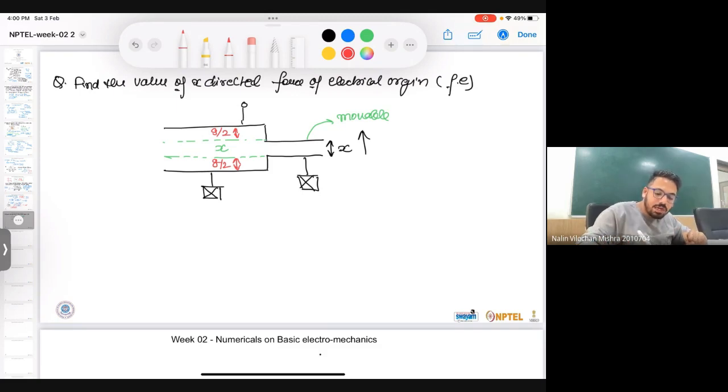So for calculating this Fe, first you need to calculate the capacitance. So you need to find the equivalent capacitance here.